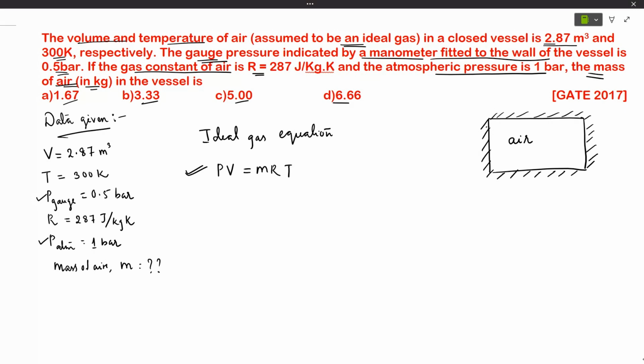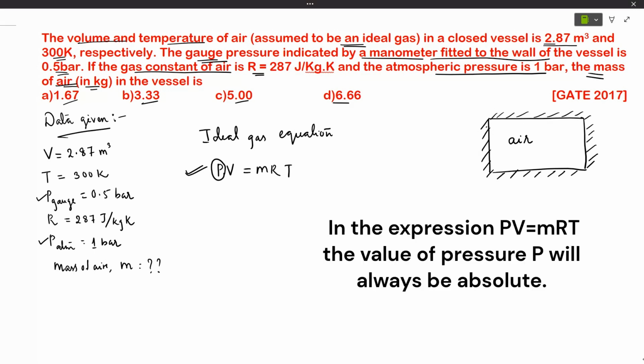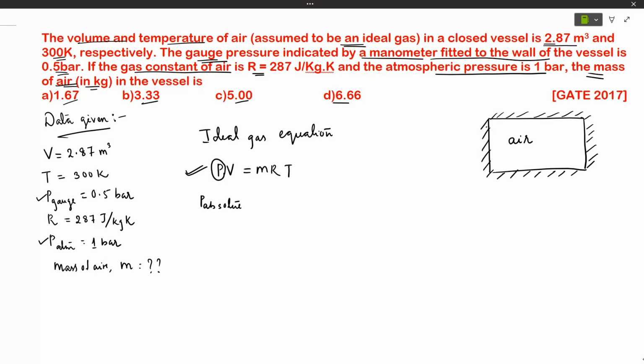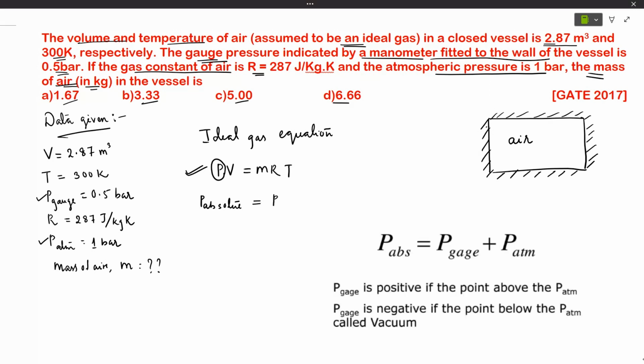Now the point of confusion is which pressure this is. This pressure is neither gauge pressure nor atmospheric pressure, but absolute pressure, and we know the relation between absolute pressure, gauge pressure and atmospheric pressure: P absolute is equal to P atmospheric plus P gauge. The gauge pressure is measured above atmospheric pressure.